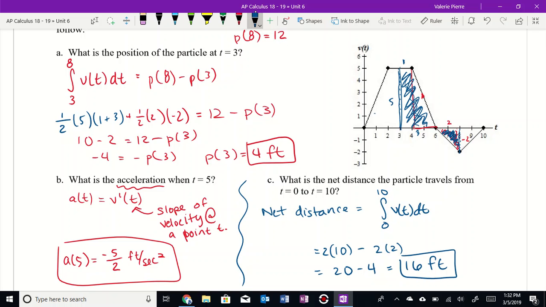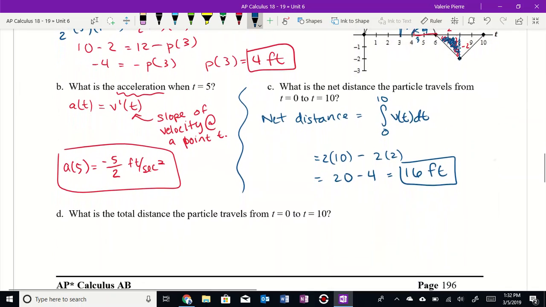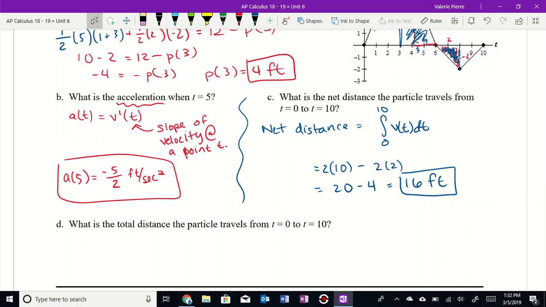Another way you could do it is by finding the actual area of this entire upper piece and the area of the entire lower piece. Now this is where it gets a little bit tricky. Total distance, we want the absolute value.